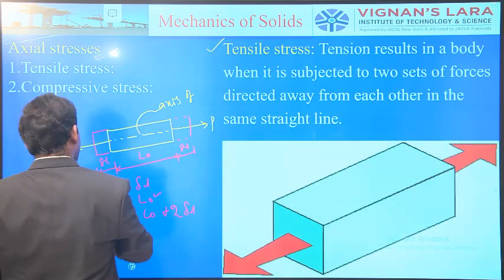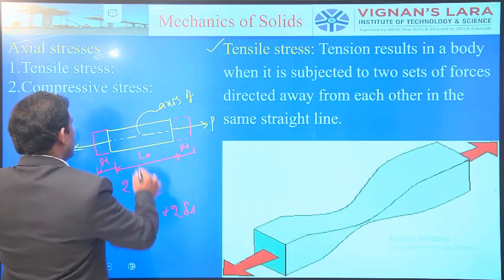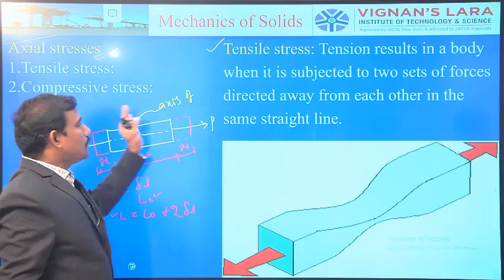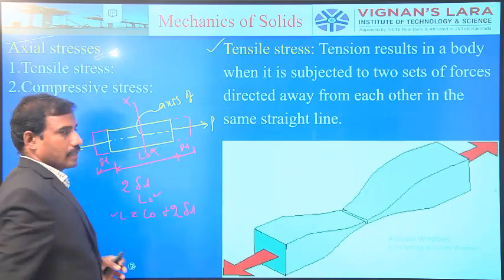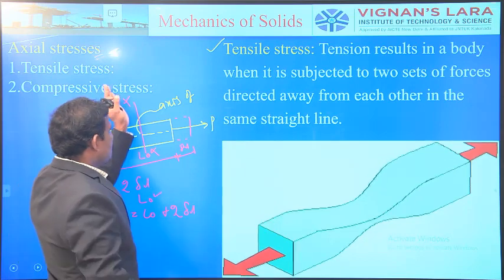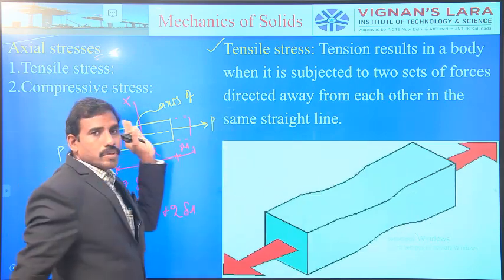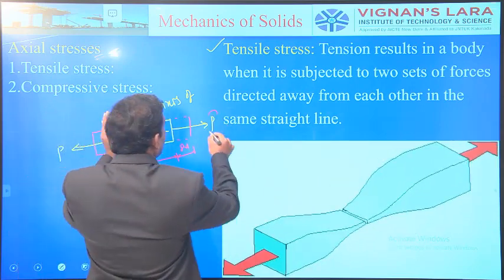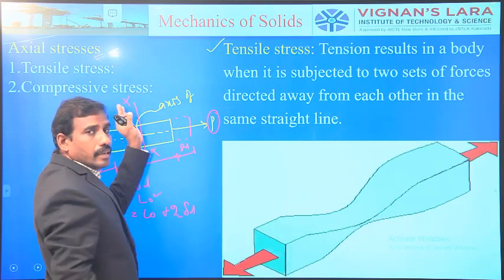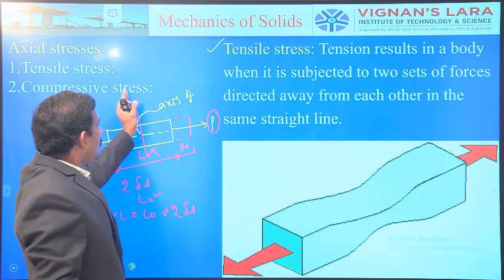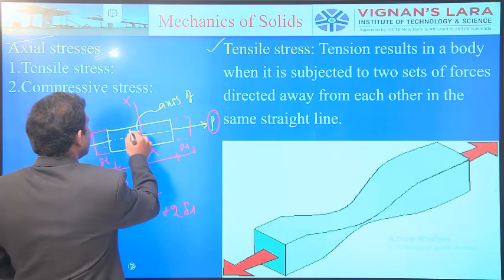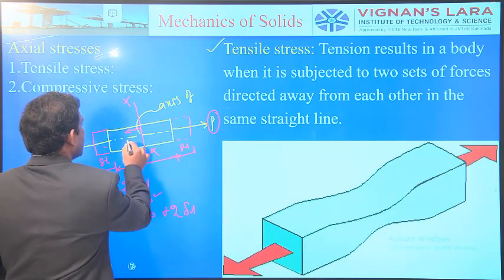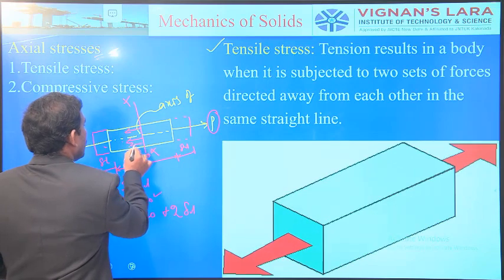Coming to the stress, what about the stress? For example, let us consider either the left or right portion of the section XX. Just consider only the right portion of the member. This is the force P. Definitely a certain amount of force is offered by this material, whenever a force P is acting on the body, in the opposite direction, represented by red color.